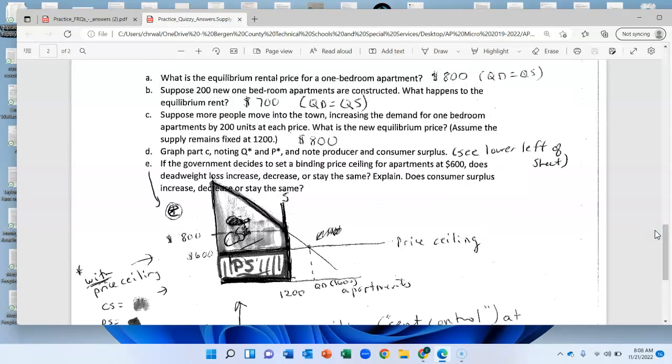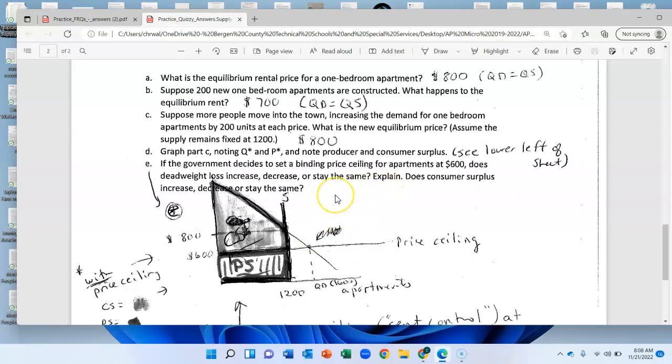So who benefits from the price control is very vivid and clear to us. We can see that it is the consumers who are in this market. We also, however, can see that the lower the price, the greater the quantity demanded is, and that we have, as a result, a shortage of apartments, at least in the immediate term. Maybe in the long term, more apartments could be built, but right now, let's assume that that can't easily happen.